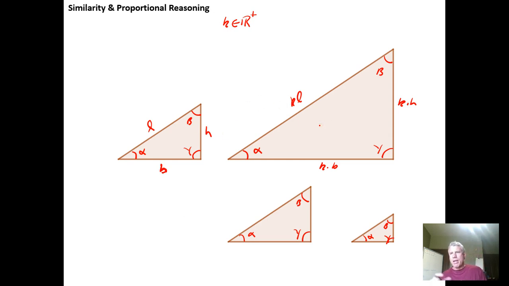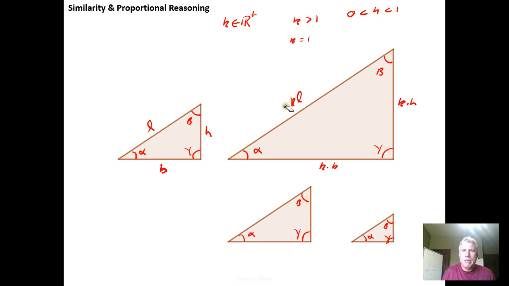So you either scale it up if k is bigger than 1, you're making a larger triangle. If k equals 1, then you've created actually a congruent triangle, which is a special type of similarity. And if k is a number between 0 and 1, then you will have created a triangle that is a reduced scale copy of the original.